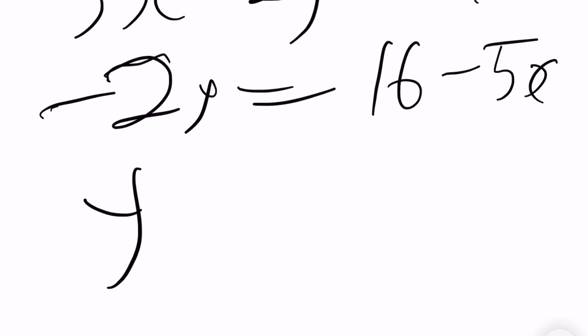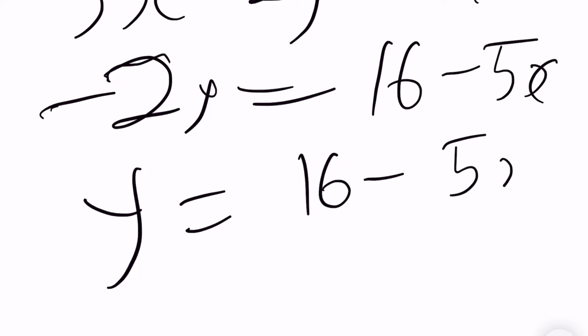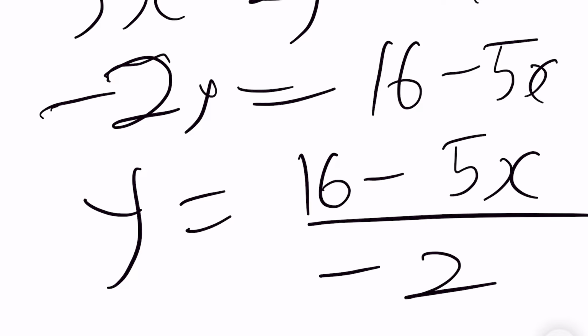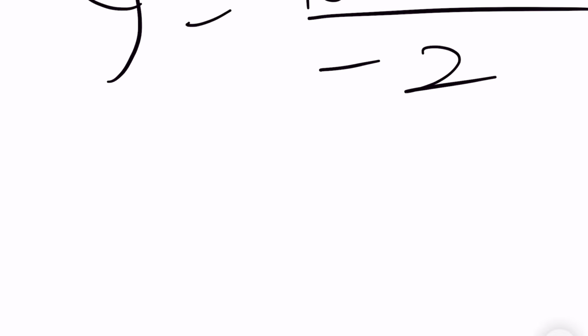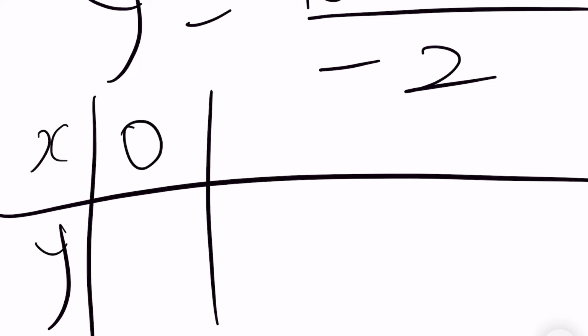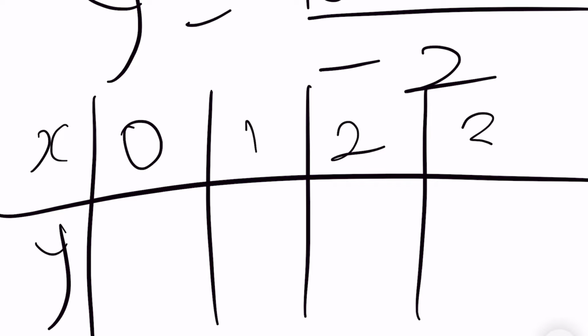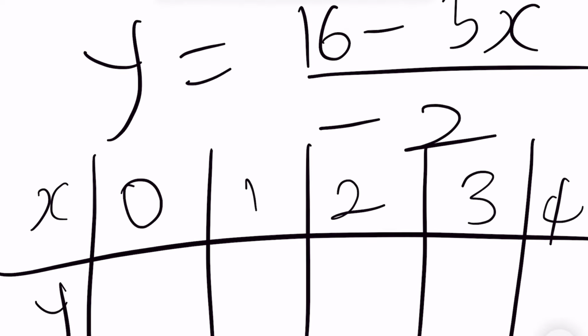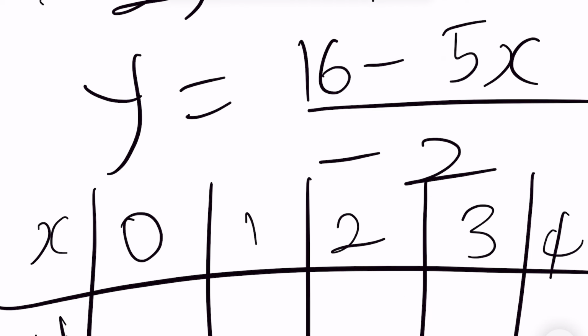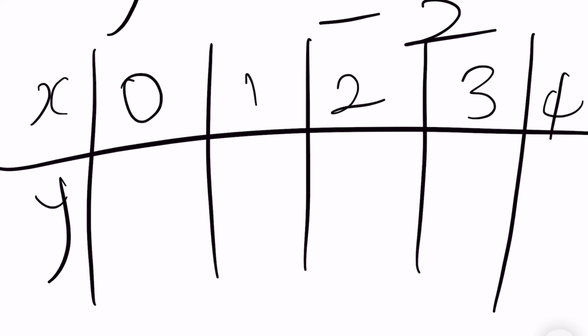So our y is 16 minus 5x over minus 2. So we plot the graph for x and y. So where x is 0, this is 0. So we have 16 divided by minus 2, that will give us minus 8.